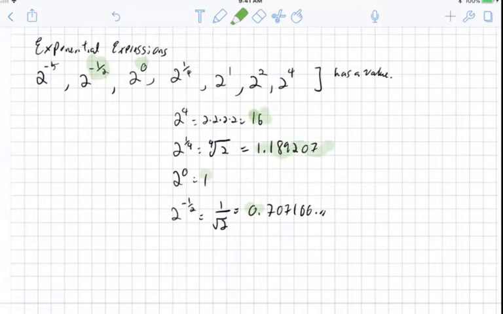How to interpret the number, whether it's positive or negative, whether it's a whole number or a fraction, we talked about how to interpret that in a past video. But the result here is that regardless of what number you put up here, there is an interpretation where this is equal to some number.